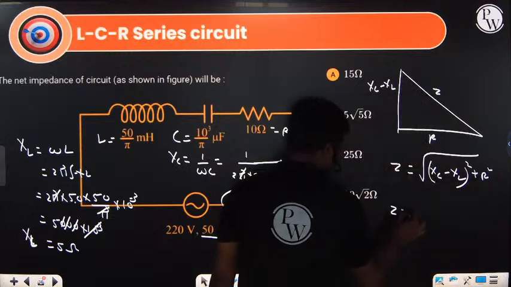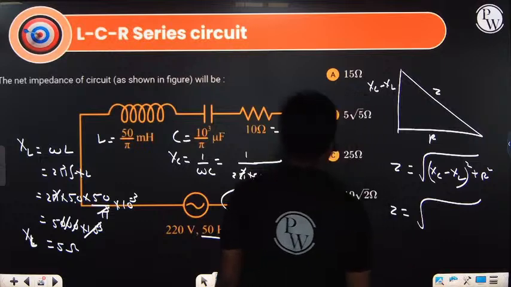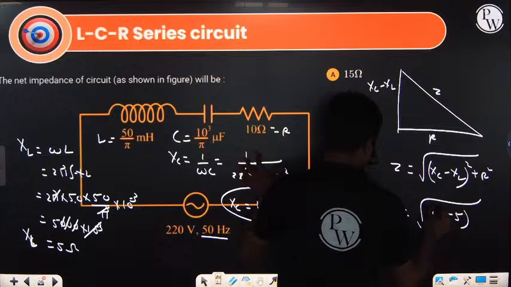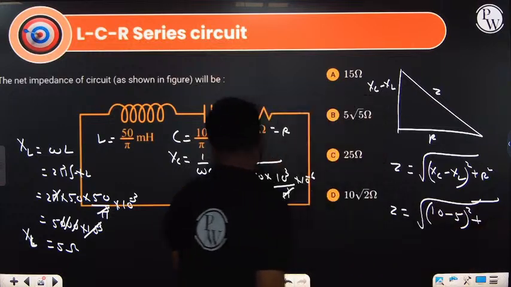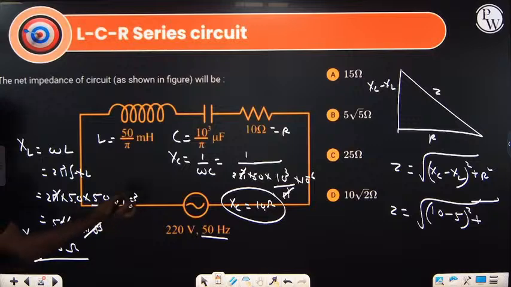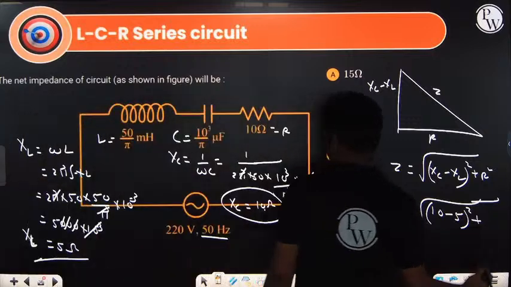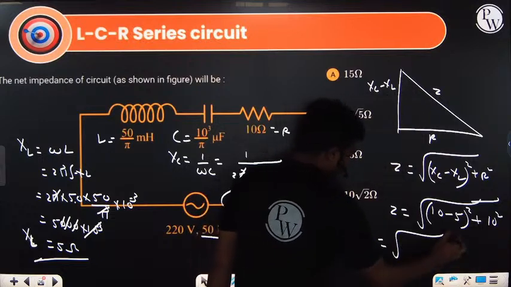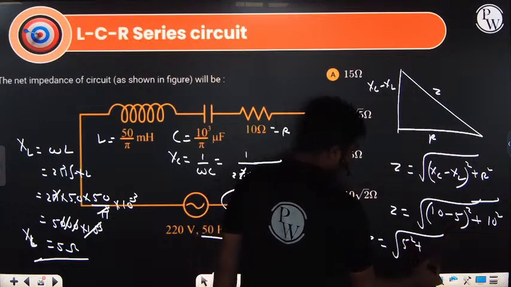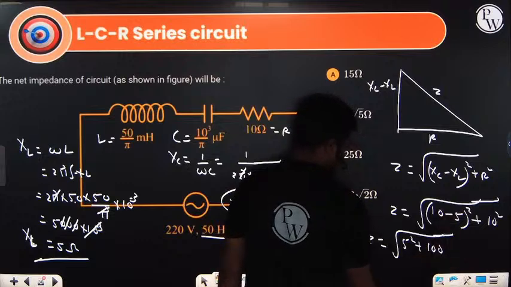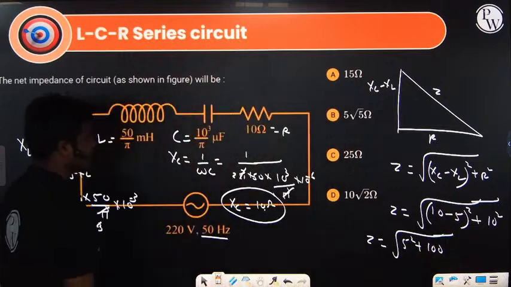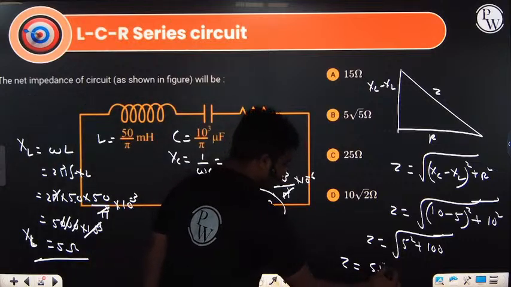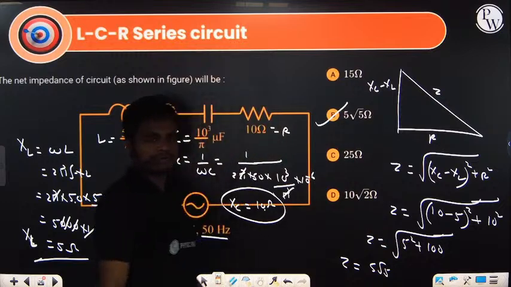Putting in the values: (10 minus 5) whole square plus R square, and R is 10 square. So Z is root of 5 square plus 100 square, that is 125. Root of 125 is 5 root 5. So this is the value of the impedance.